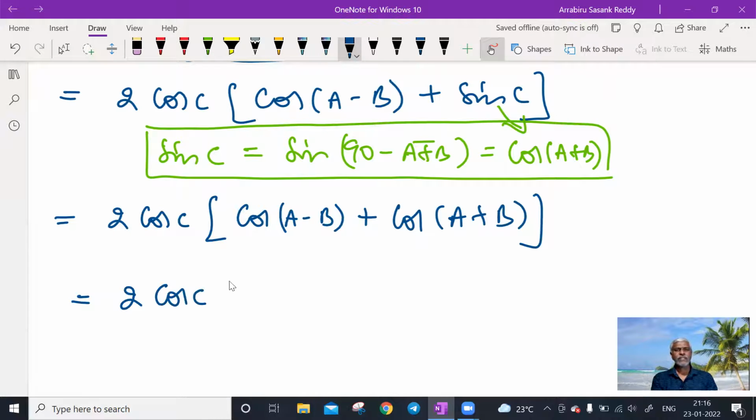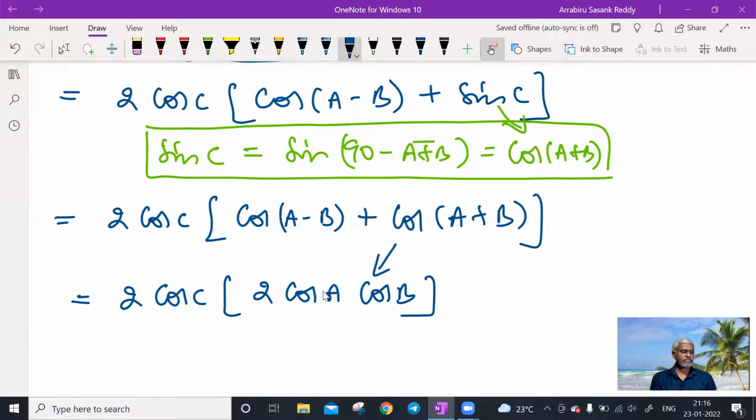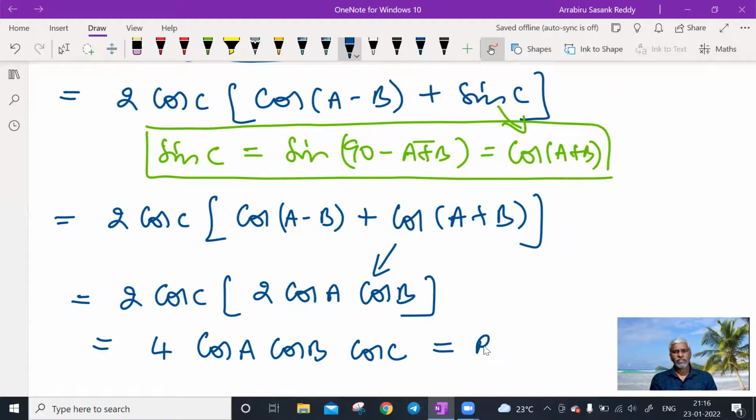Adding cos (A minus B) and cos (A plus B) gives 2 cos A cos B. This is the formula: adding these two gives 2 cos A cos B, subtracting gives 2 sin A sin B. So now 2 into 2, that is 4 cos A cos B cos C. This is the required answer. LHS is equal to RHS. Hence it is proved.